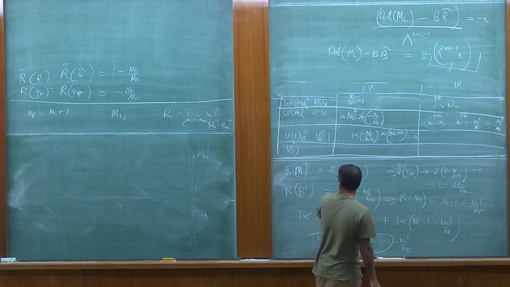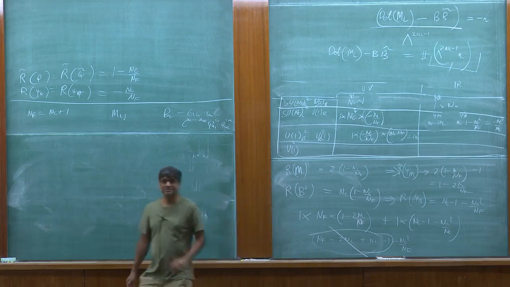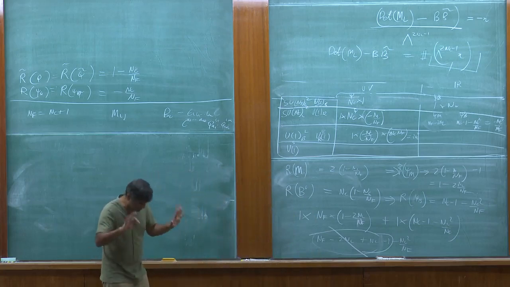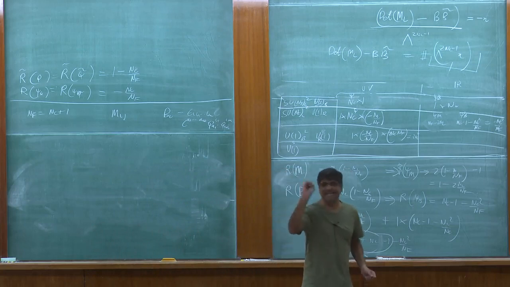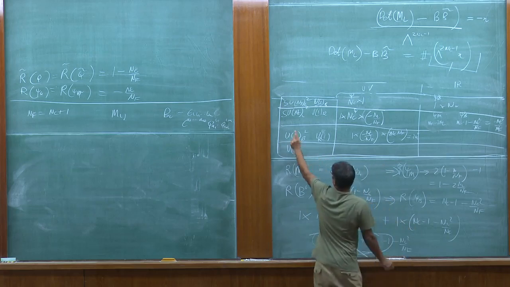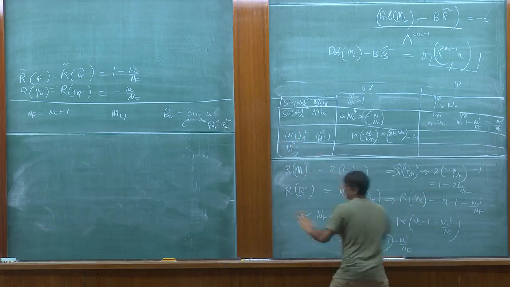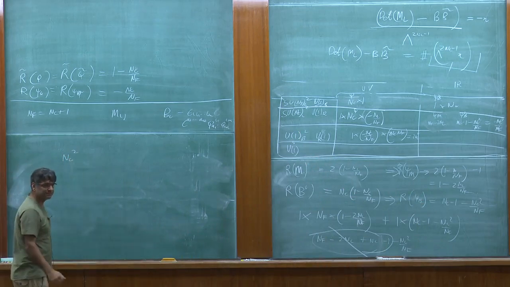It carries this one. This is the baryon charge of B. No, this is... You're right. Thank you. I'm making many mistakes. Baryon charge of B is just Nc. So the contribution of B is Nc squared because baryon charge.